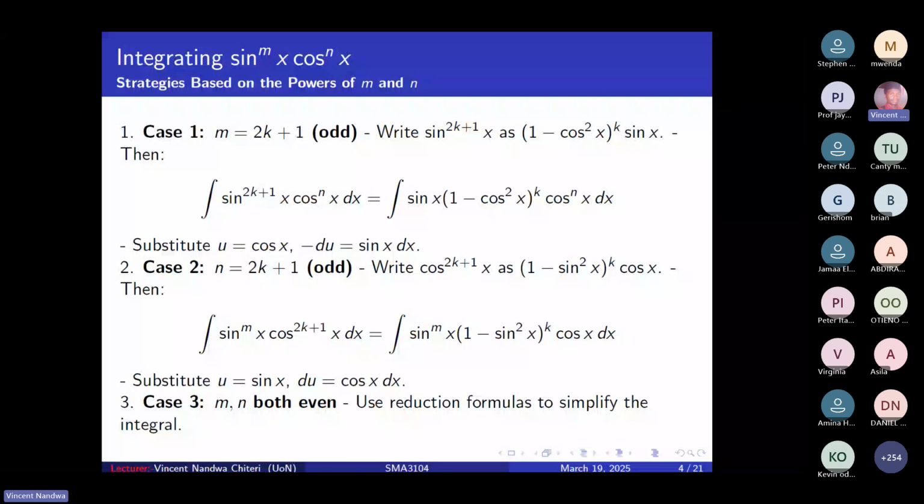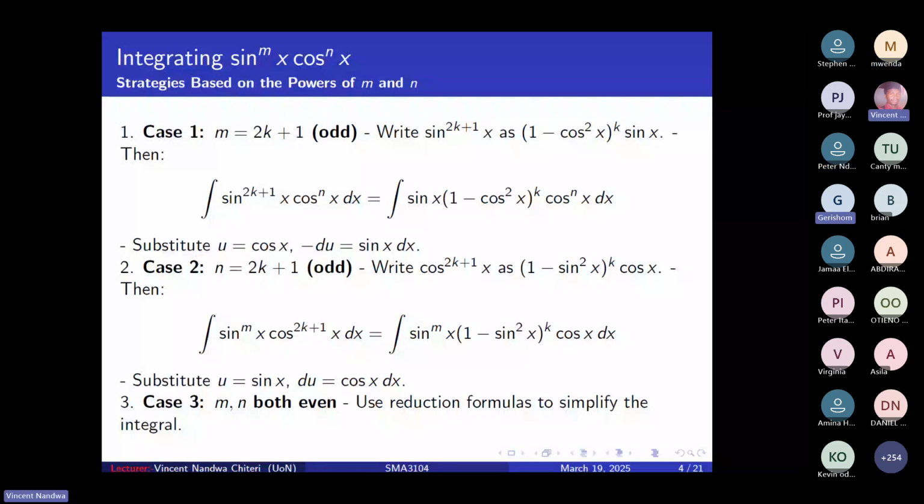All of them will lead to the same answer. For example, if you have the integral of sine power 3x cos power 5x, you should be able to use either case 1 or case 2 to get the same answer.